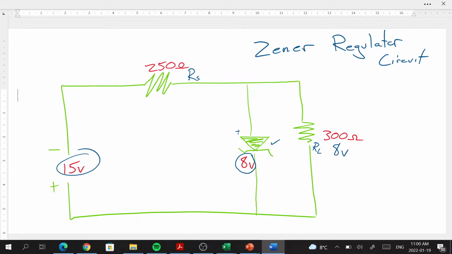So a question might be posed to you: what is the current in this particular circuit going through the Zener diode? So what is the current through the Zener?